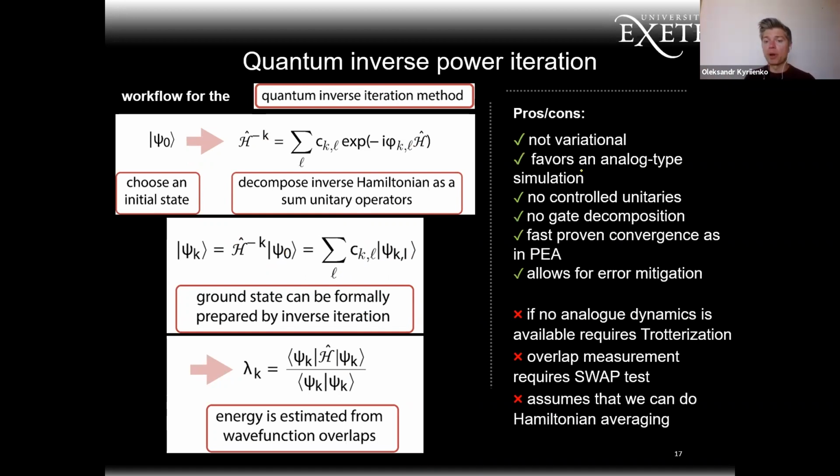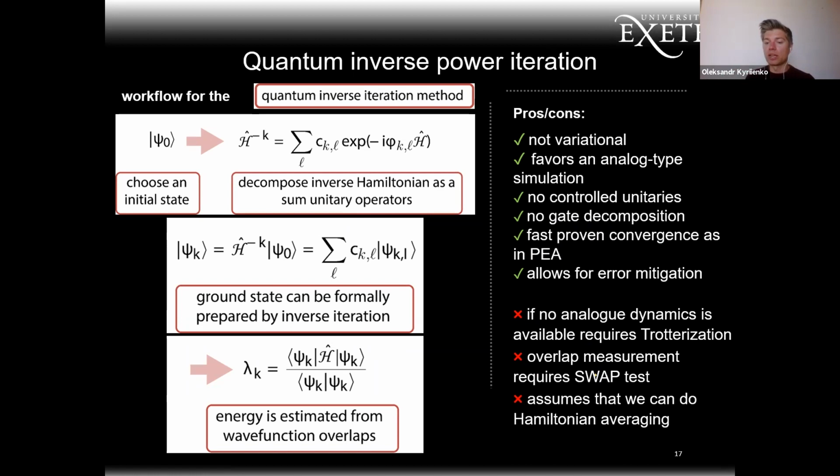So the good part is that it's not variational and it can work with analog type simulators. That would be the main pros. If you do analog type, you don't have gate decomposition, and in principle, the convergence is the same as for phase estimation, because you essentially use Hamiltonian dynamics to get there.